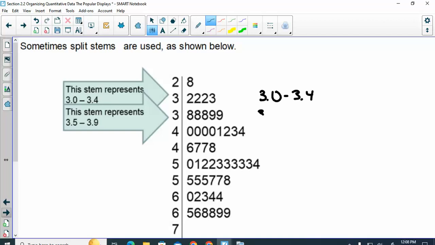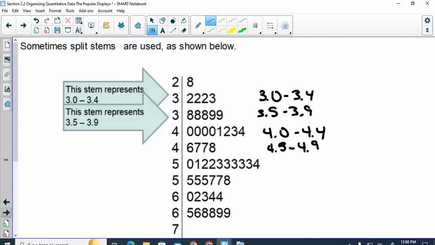And this one had 3.5 to 3.9. Here we had 4.0 to 4.4. This one is everything from 4.5 to 4.9. So a split stem is just if you have a lot of points with the same stem, you might want to break it up like that.